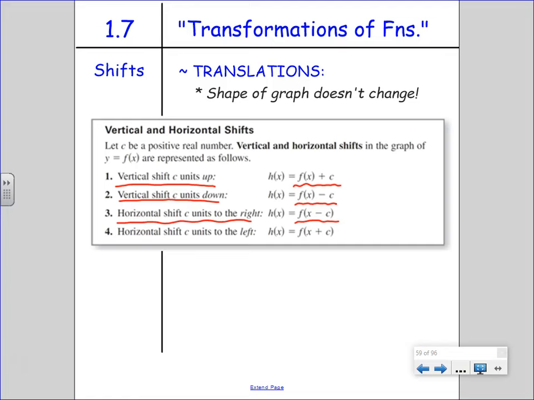Vertical is the same as what you would think, naturally. So x minus c, x minus a number, is going to be to the right, and if it's x plus c on the inside, horizontal shift to the left. This is just to have you remember. I'll give you a couple more seconds. It's going in your notes, but hopefully where is it going to stick?